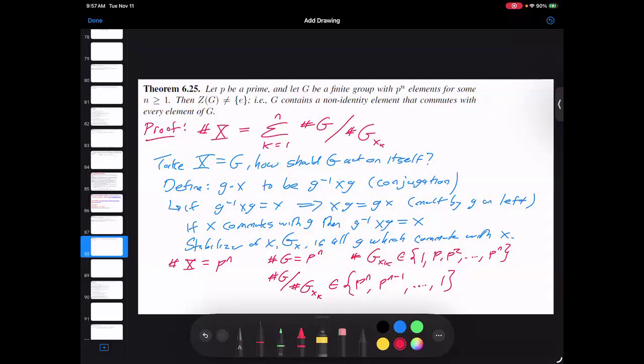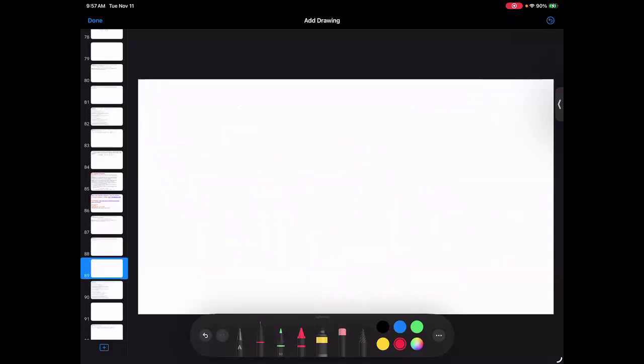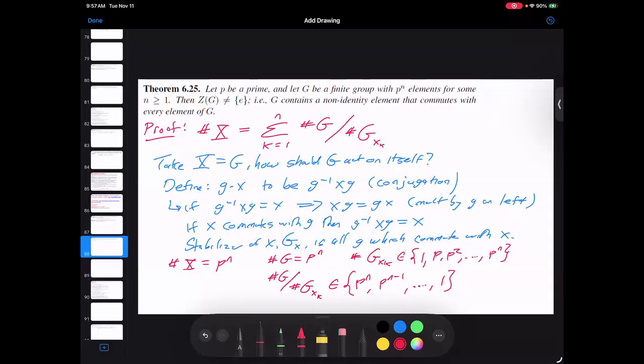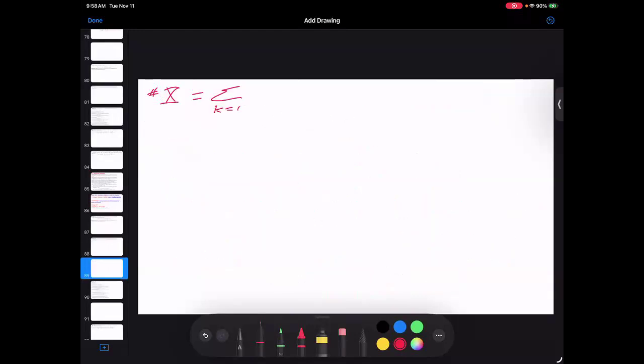Okay. And so we have this formula. And so when we look at our formula, we have the cardinality of x is equal to the sum, k goes from, oh, wait a minute. I shouldn't use n over here because we're using m, and it's the size. We'll do m. So k goes from 1 to m of the cardinality of G divided by the cardinality of the stabilizer of xk.